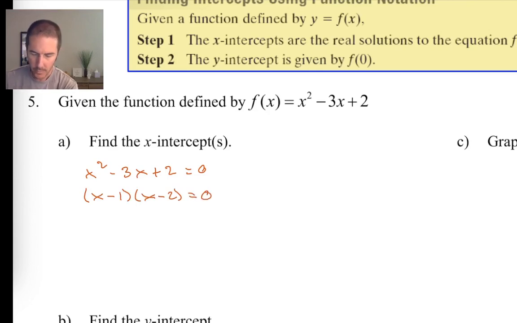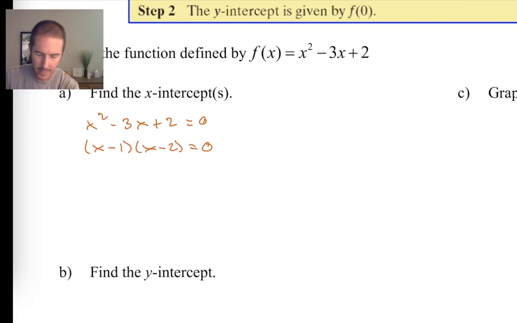And the zero product property tells me that if I have a thing times a thing and the result is 0, there are only 2 ways to make that happen. Either the first thing has to be a 0, we either have to force this to be 0, or we have to force the x minus 2 to equal 0 in order for the product to be 0.